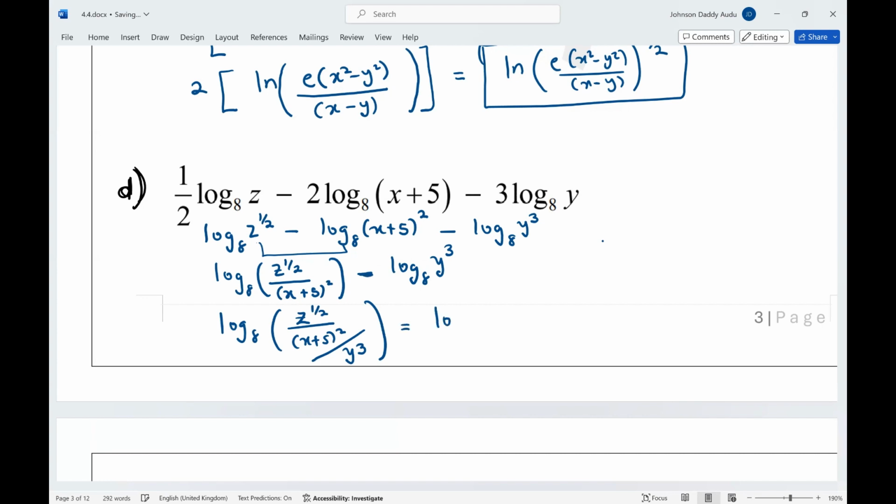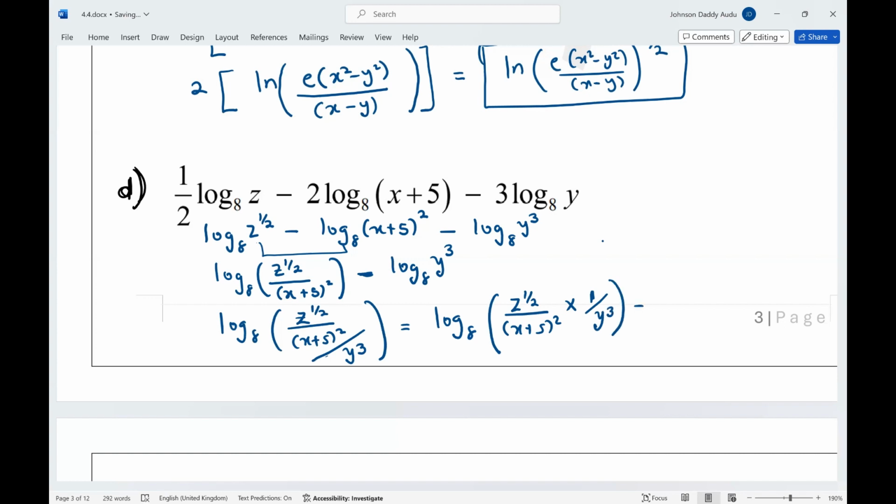Now, this we can write now as log to base 8 of, but what is this? This is just z half divided by x plus 5 square multiply. Because here you have division, so you're changing this division to multiplication. So this is y by 3, but now it's going to be 1 over y to power 3.